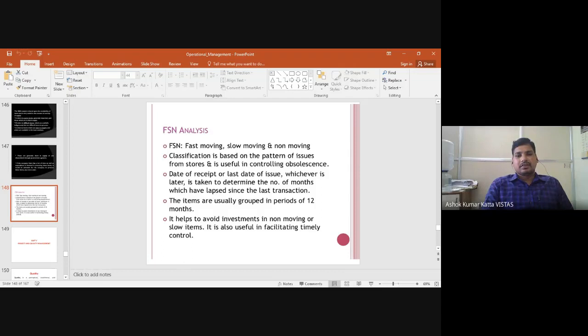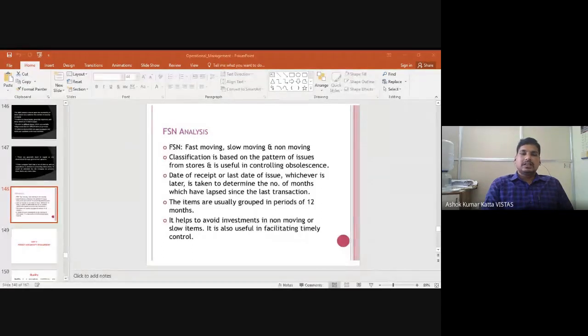Next, we are going to talk about FSN analysis. The name itself makes it very clear: F means fast moving, S means slow moving, N means non moving. In FSN analysis, companies buy inventories based on the demand for the products in the market.